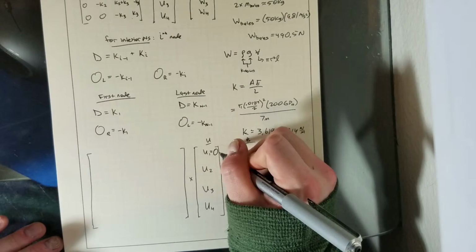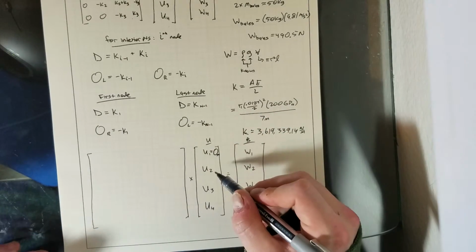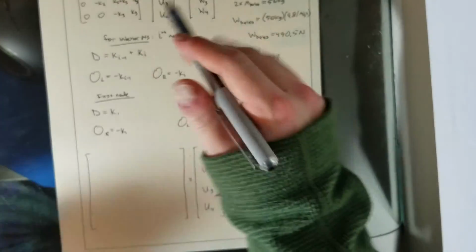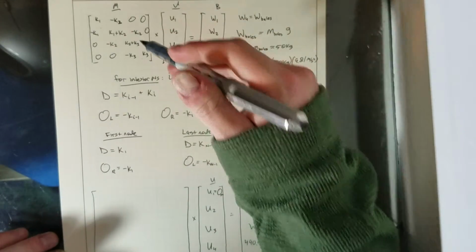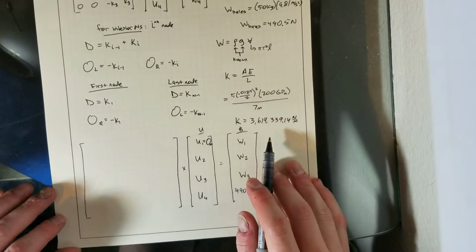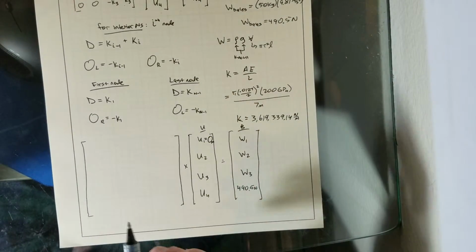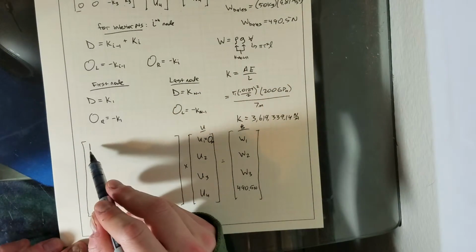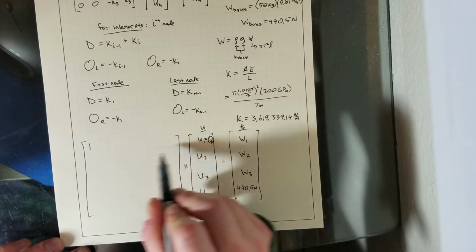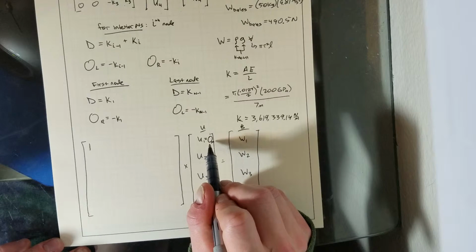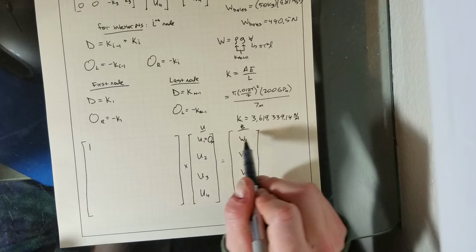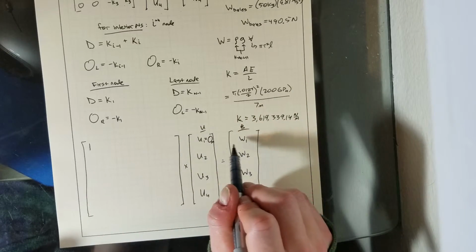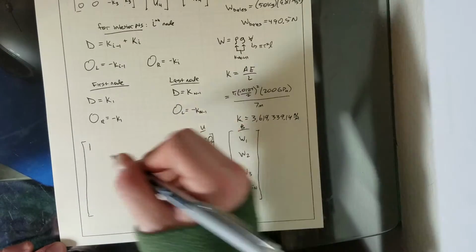So node 1 is not moving at all, and the displacement is equal to 0 meters. And then over here, based on this pattern up here, and this known K value that we just determined, we can then fill this matrix in. But first off, we know that since U1 is equal to 0, it will be multiplied by 1 to get us this weight 1 value that we're looking for.